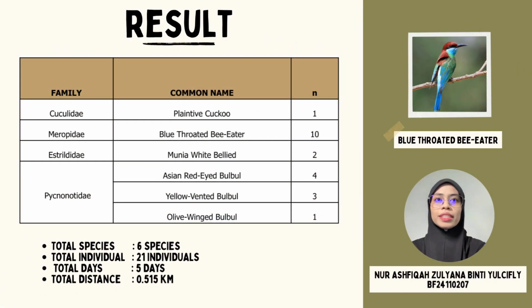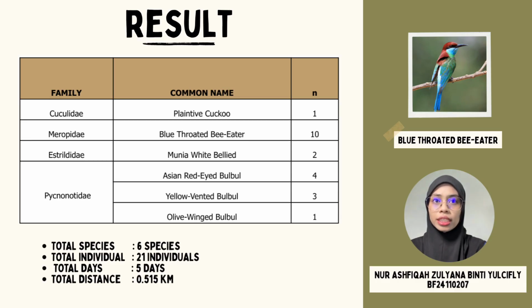Now I will present the results in Table 1. Based on this table, a total of 6 bird species with 21 individuals were recorded during the 5-day sampling period using the mist net method. The blue-throated bee-eater was the most frequently recorded species with 10 individuals, indicating that it was the dominant species in the study area.